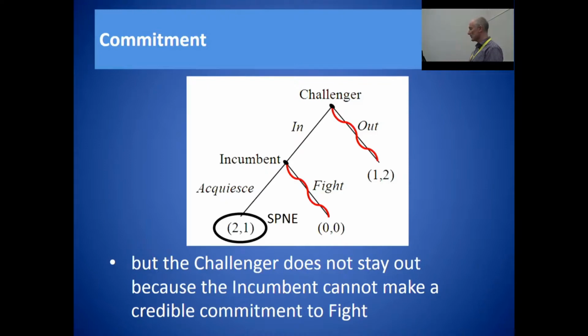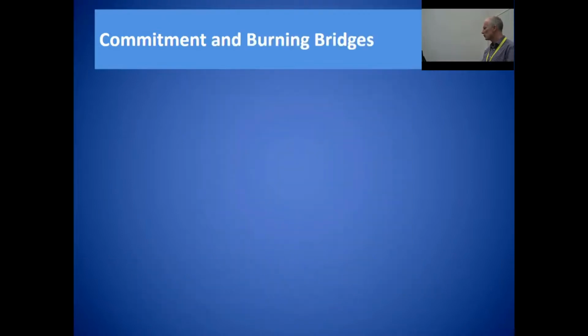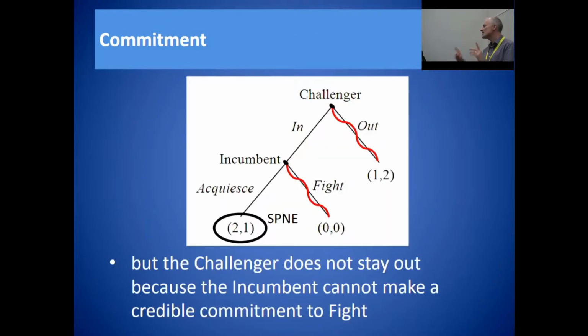And hence, because the commitment to fight is not credible, the incumbent firm cannot keep the challenger out of the market, and therefore he can't achieve his most preferred outcome. So, what I want you to think about is: is there something that the incumbent firm could do to make this threat to fight credible?